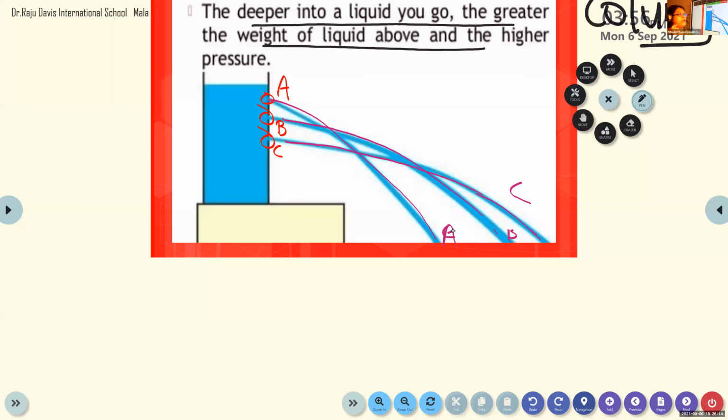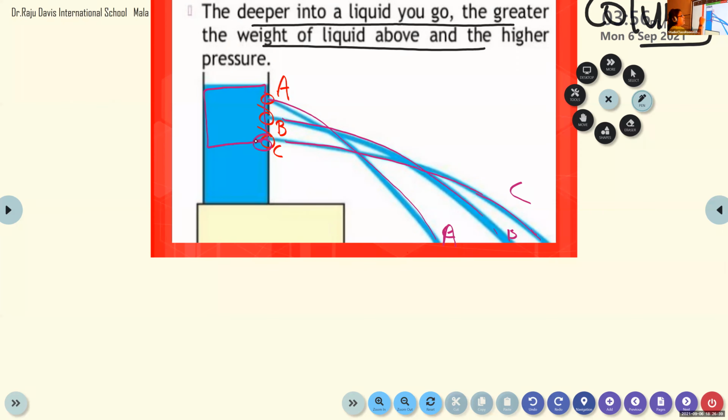Depth, I also told you, is also known as height of the liquid column. So this is C, and up to here this much liquid is there. In a container, if you take some part of the liquid, we call it in physics a liquid column. Similarly, if it is air, then we will say air column.